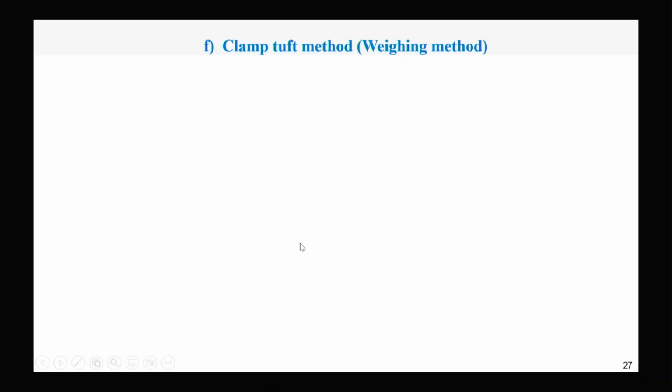Now the next method is the clamp tuft method. This clamp tuft method is used mainly to measure the fiber length from the sliver.